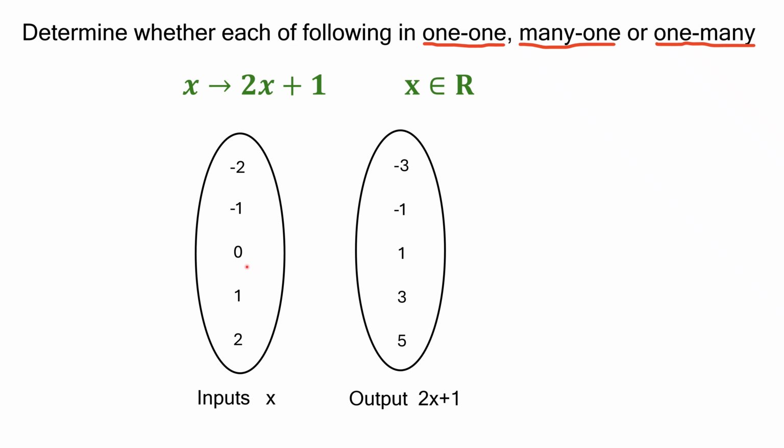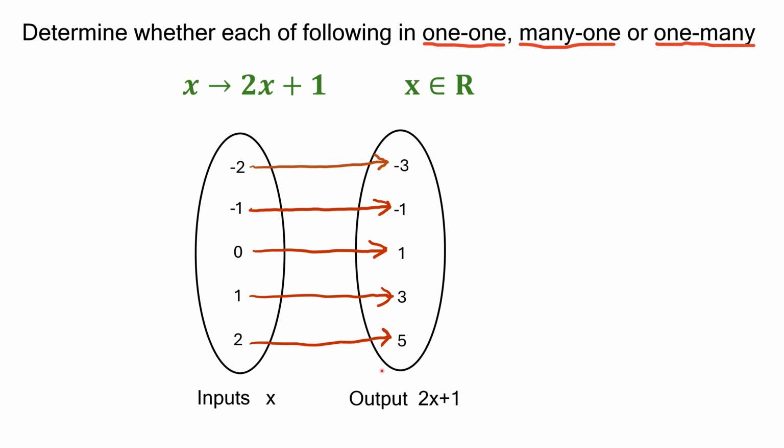So 0 gives us 1 as output. So finally, -2 goes to -3, -1 maps to -1, 0 goes to 1, 1 goes to 3, and 2 maps on 5. We can see from these arrows, each input goes to only one output. This means this is one-one mapping.